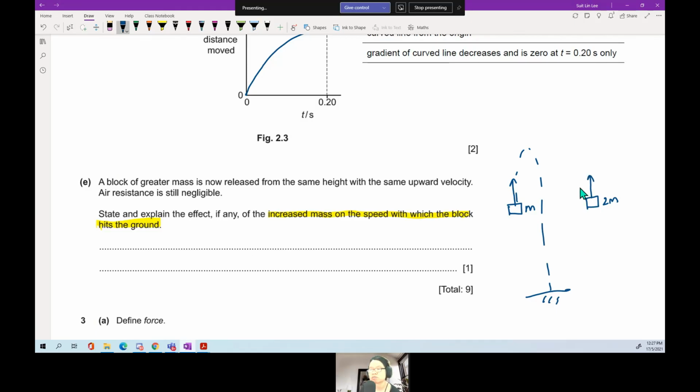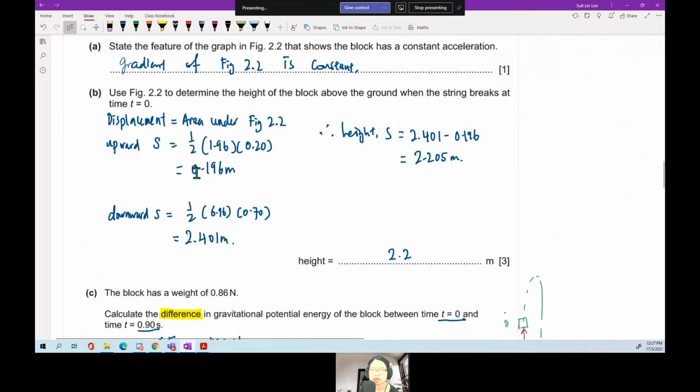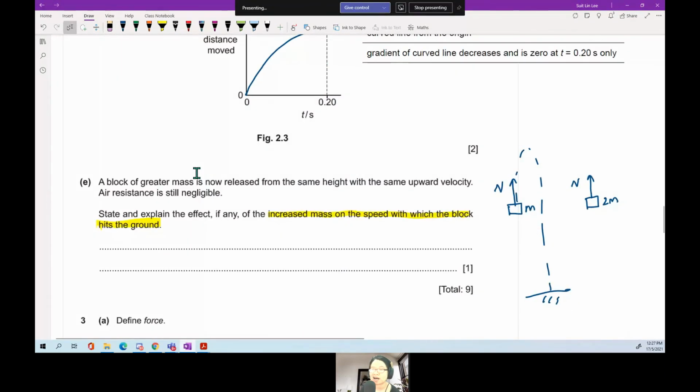Same initial speed, still V, this 1.96, okay? Will it fall at a higher speed? Lower speed? Same speed? And explain. Well, there are a few clues here to tell you the answer. Number one, in your calculation, did we ever use mass to find the final speed?